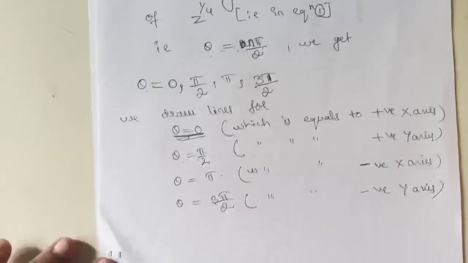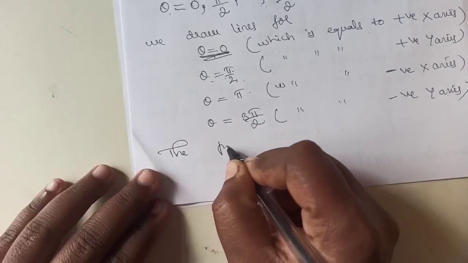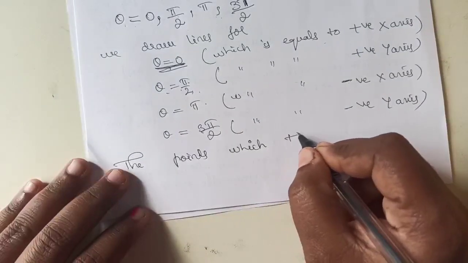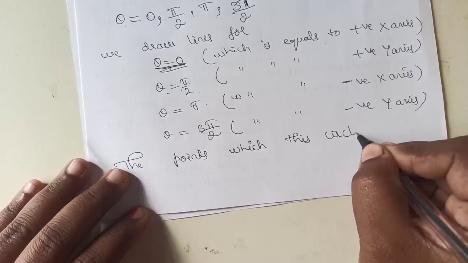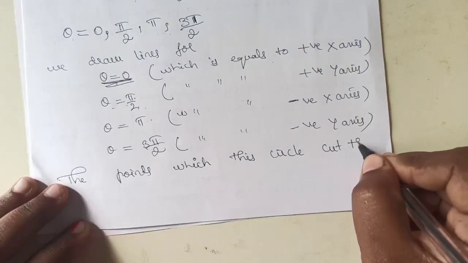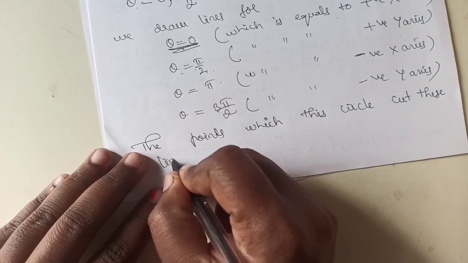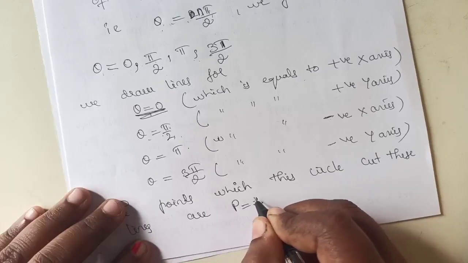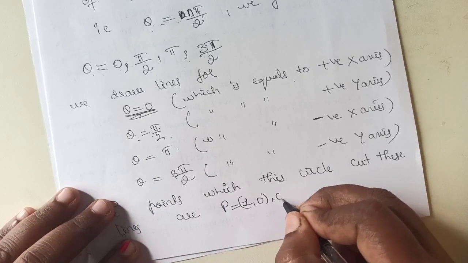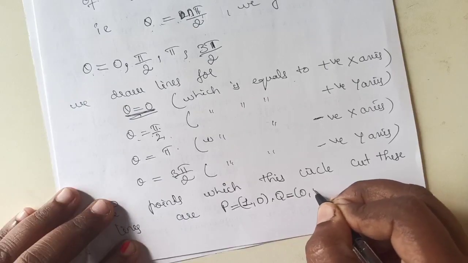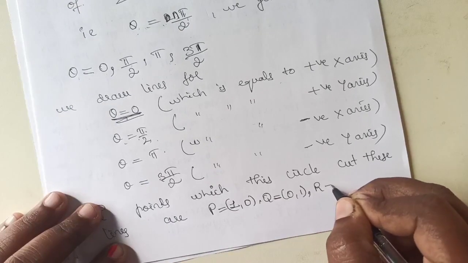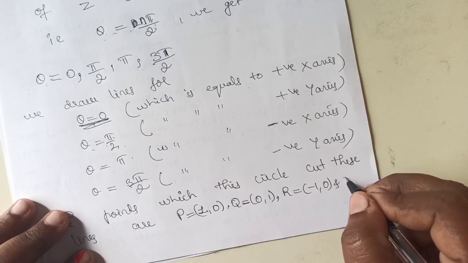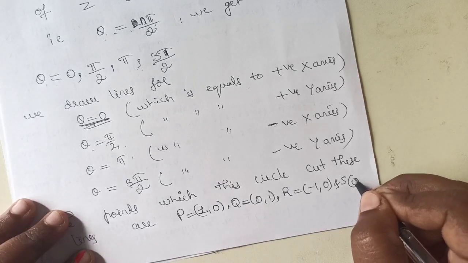That is the points where this circle cuts these lines are: the first point P equals 1 comma 0, the second one Q equals 0 comma 1, R equals minus 1 comma 0, and S equals 0 comma minus 1.